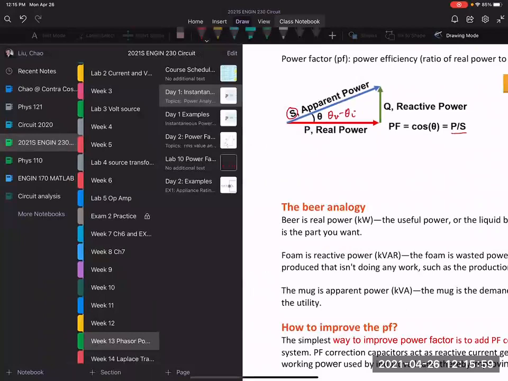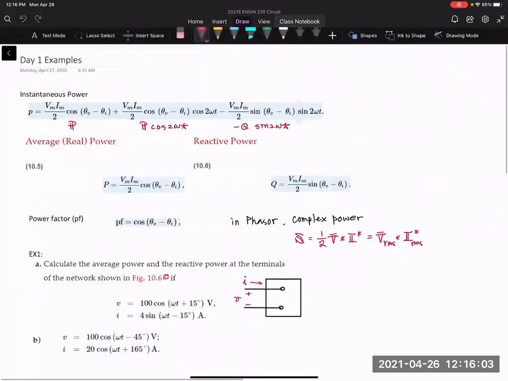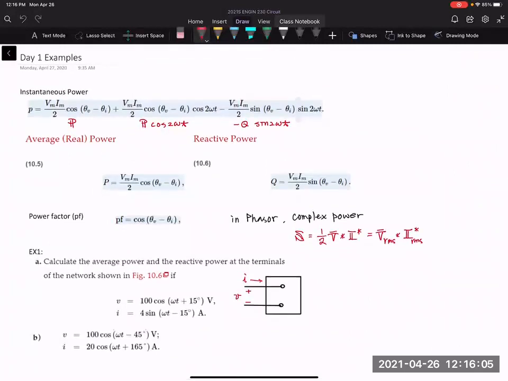All right, let's look at an example. Maybe the example will help you understand the material here. I'm listing several equations that we talked about before. This is the one that is most important. The instantaneous power has three components, right? The big P plus the big P times cosine 2 omega t minus Q sine 2 omega t. Here P is the real power or average power.